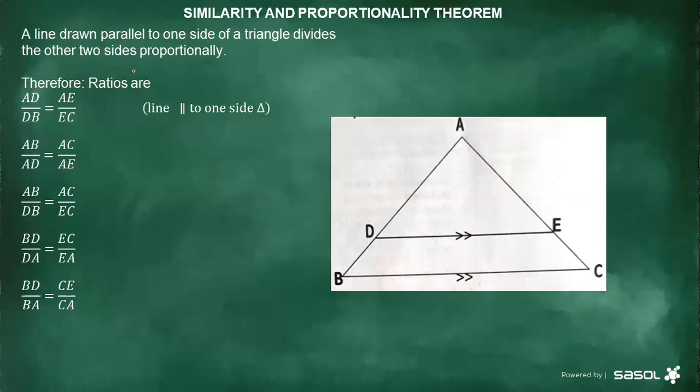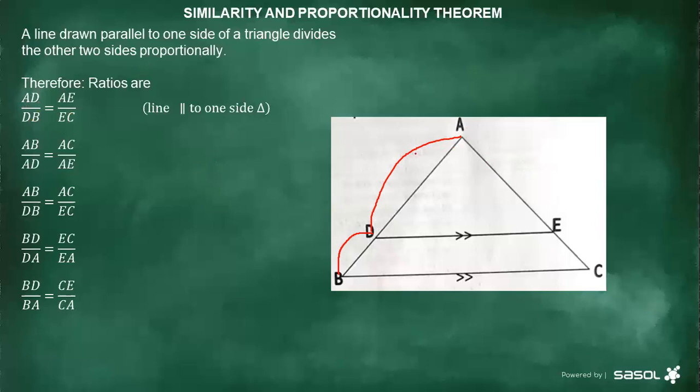Therefore, let's study these ratios and see what we mean by proportionality. Now they say AD. Where is AD? AD is this one, divided by DB. Now you can see that the way we have moved on the left hand side, we must also move exactly the same on the right hand side.